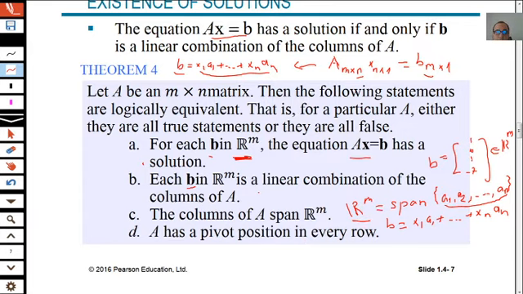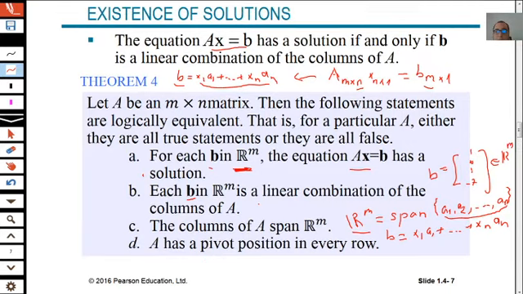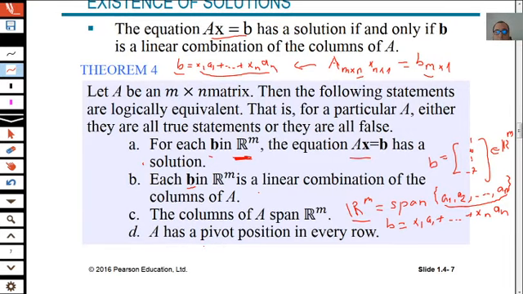And then we obtain A has a pivot position in every row, because we have a solution for the system. To find the solution, we have to have pivot positions in every row.